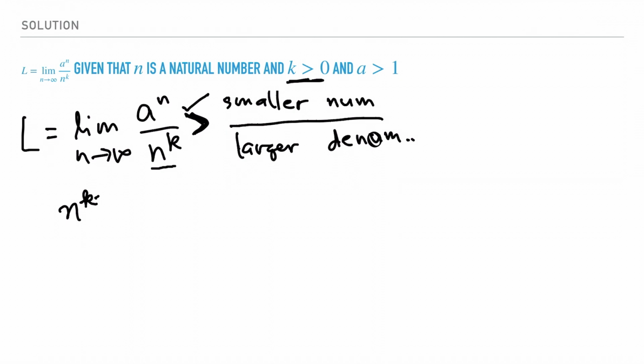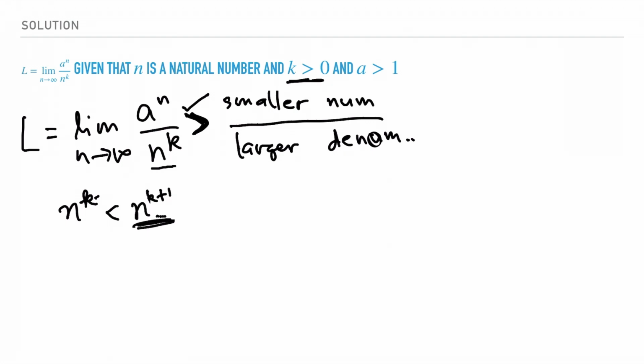If we make the denominator n to the k plus 1, then this expression is always greater than n to the k, because both k and k plus 1 are positive.